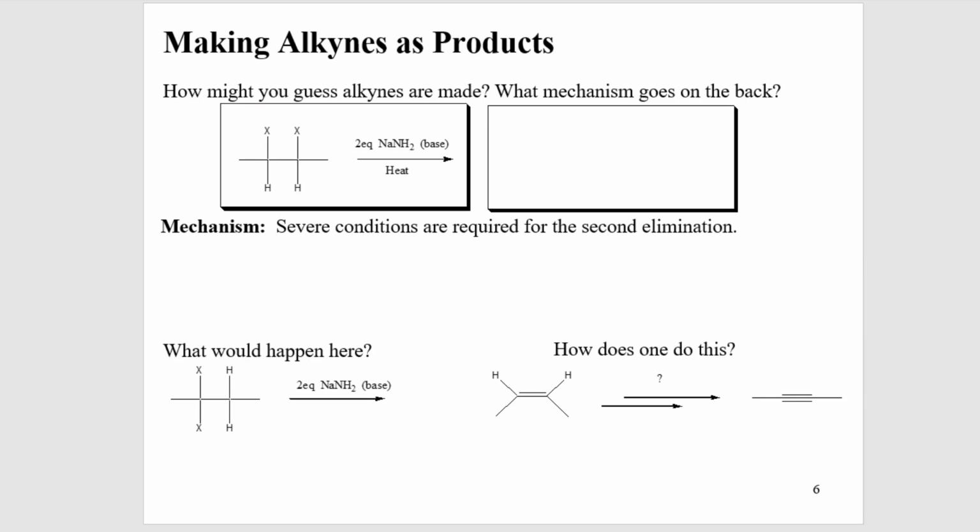As with every chapter, when you introduce a new functional group, it's nice to know and reflect on ways that we can make that functional group. Now, we haven't formally seen how to make an alkyne, but don't worry, you have the mechanism that you're going to need. What mechanism do we know that makes new pi bonds?